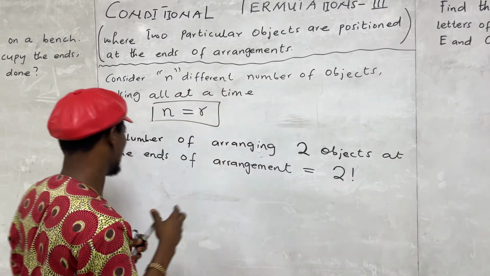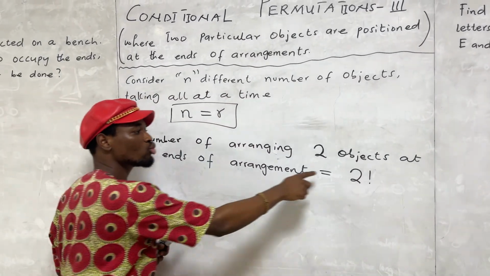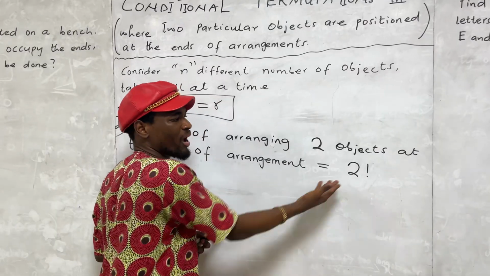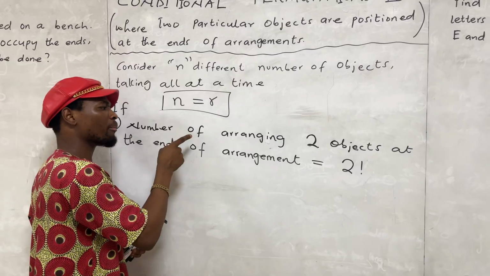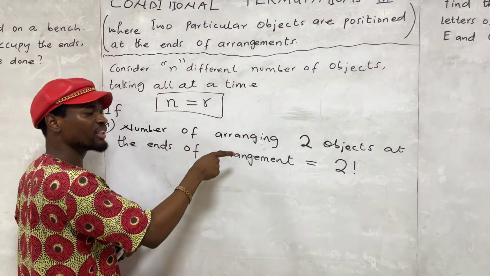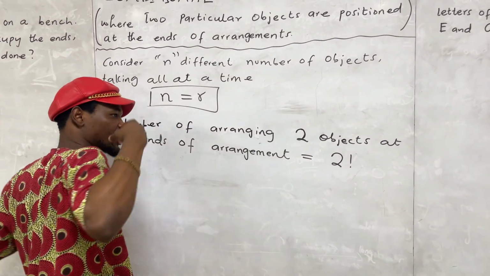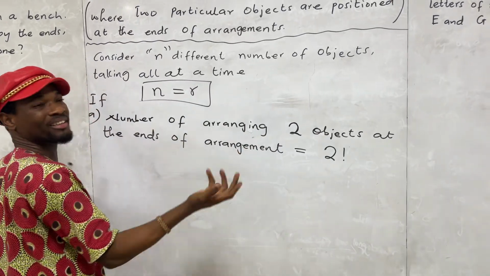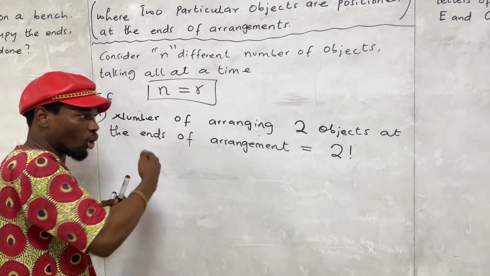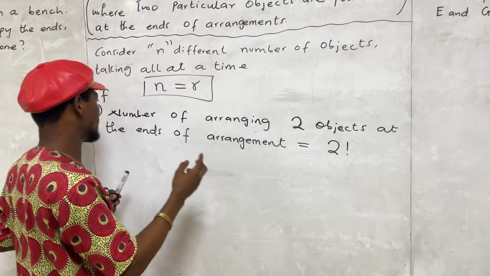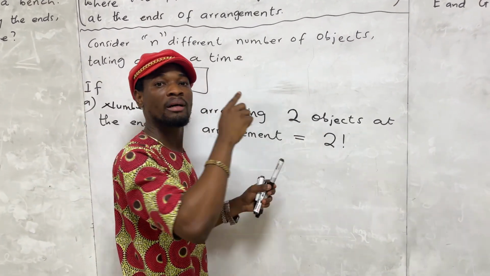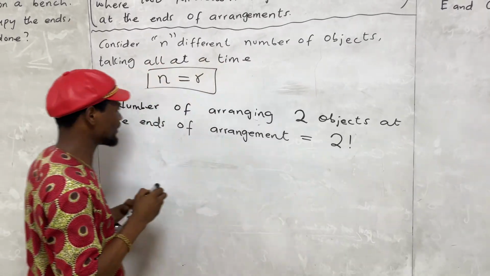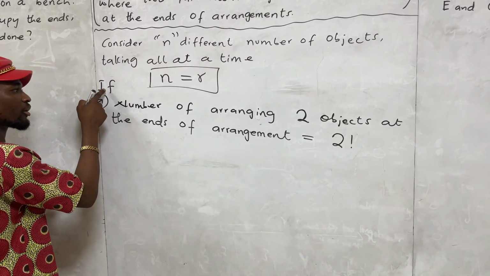So in the formula you would see 2 factorial, and you ask yourself, where is the 2 factorial coming from? If the number of arranging 2 objects, because we want to position them at the ends, is given by 2 factorial, then that is the condition for A.